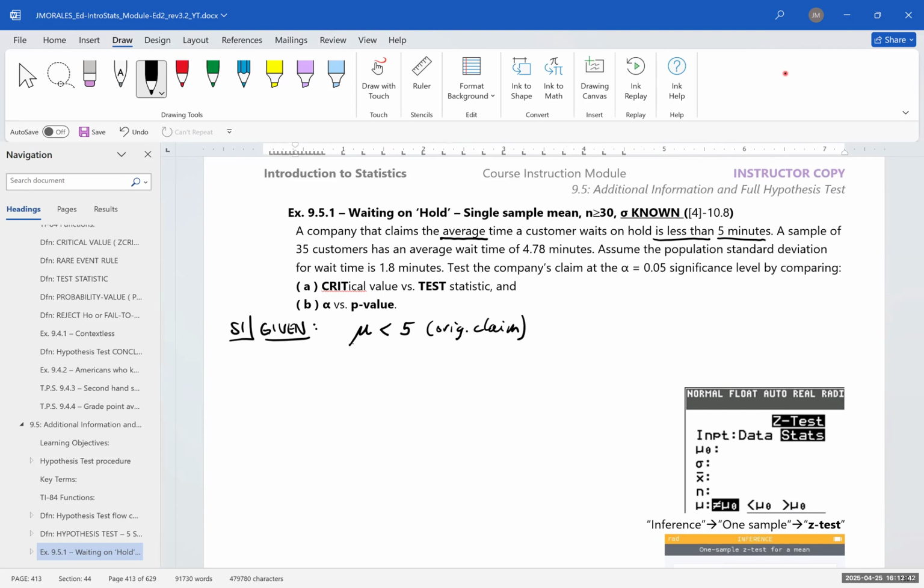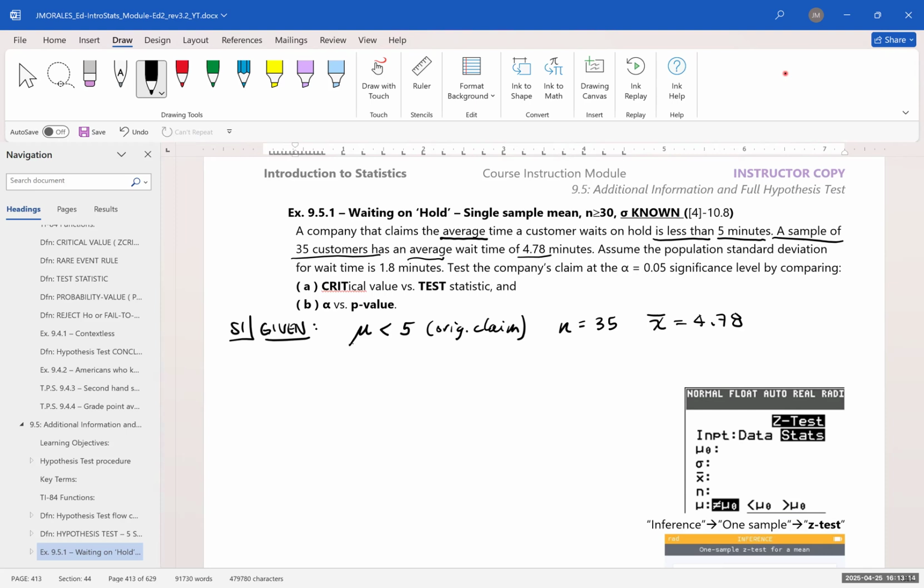A sample of 35 customers. So we know that sample size is 35. Has an average wait time of 4.78 minutes. So our sample average, our sample mean, is 4.78.